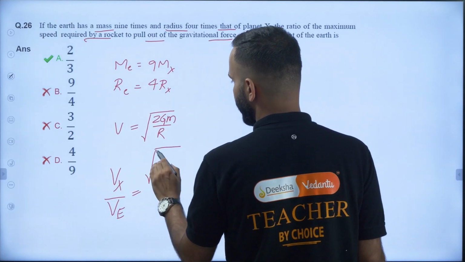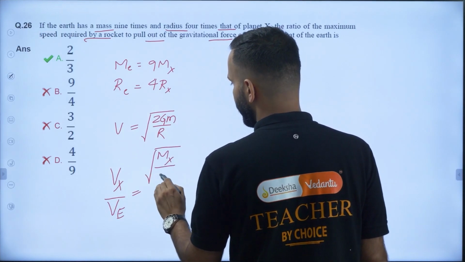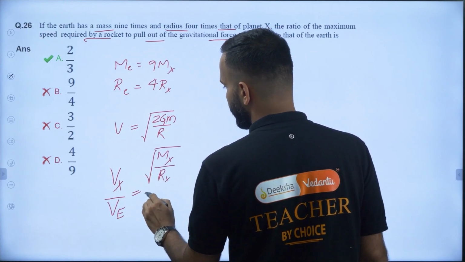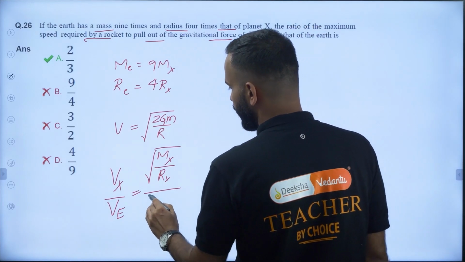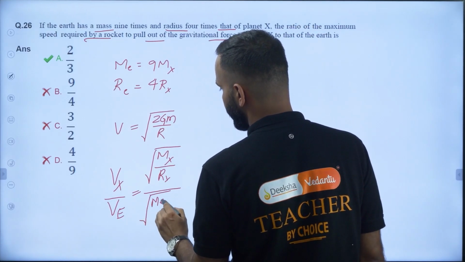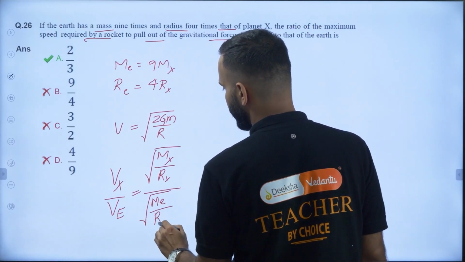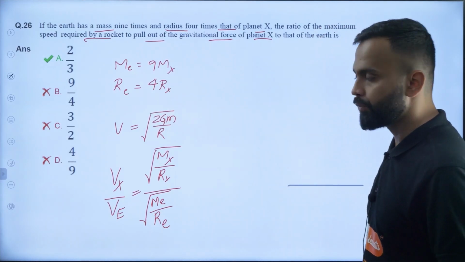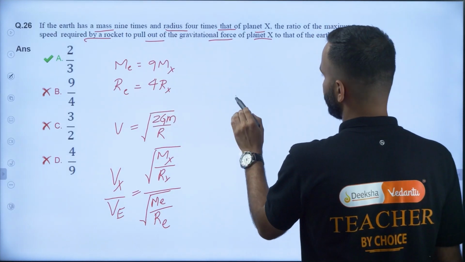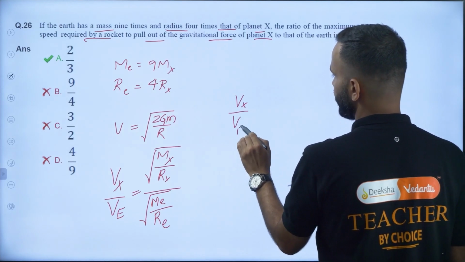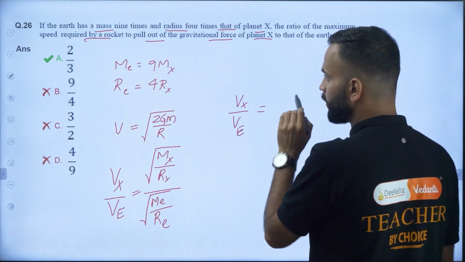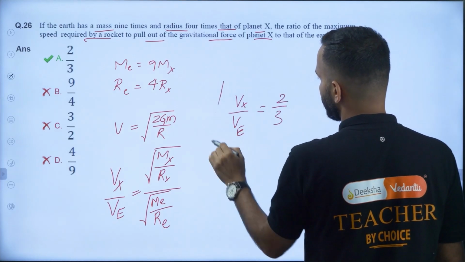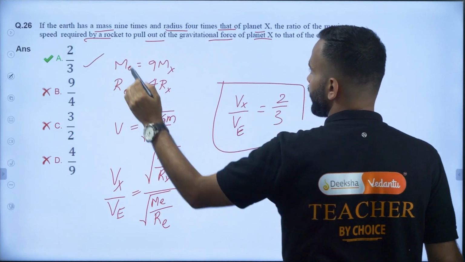So root of Mx by Rx whole divided by root of Me by Re. So Me is 9Mx, Re is 4Rx. So Vx divided by Ve is equal to 2 by 3. The correct option is A.